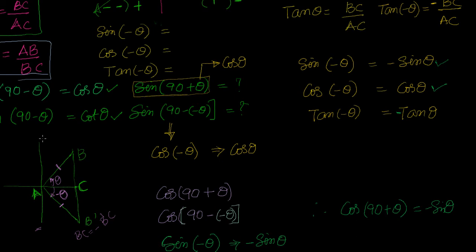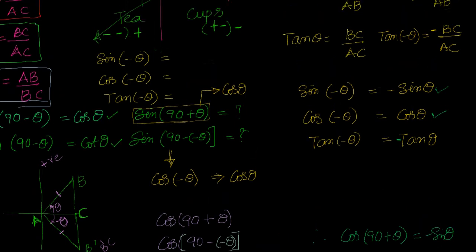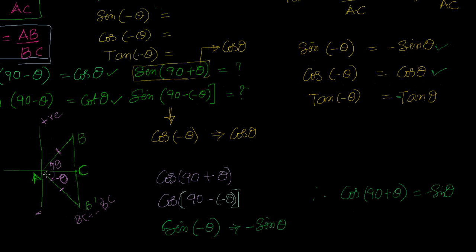So sine becomes minus of sine theta, but cos remains positive because in both of them you are looking at the positive side of the x-axis. The negative side of the x-axis is here.